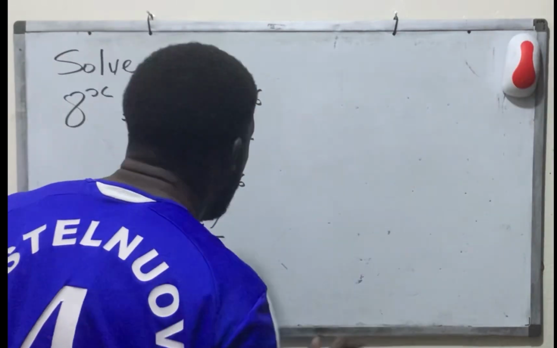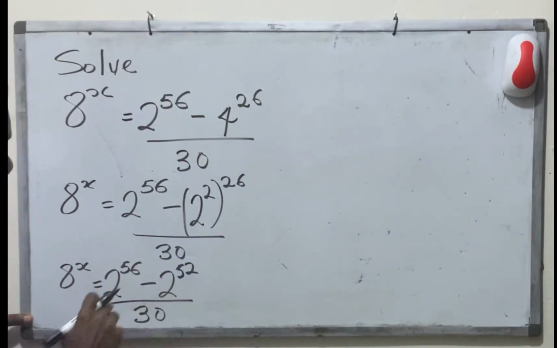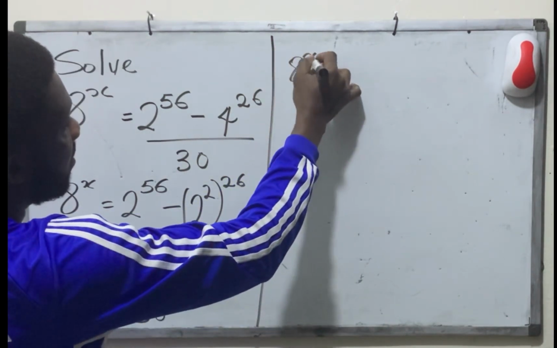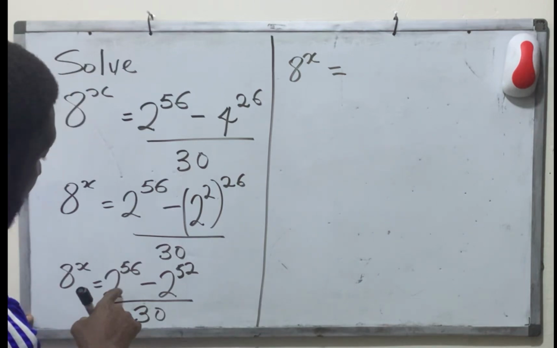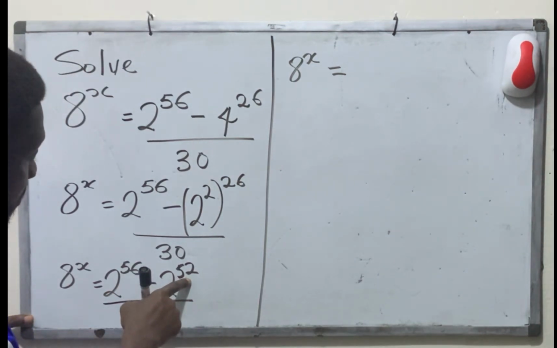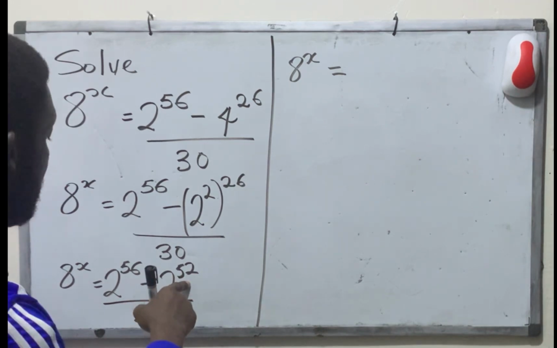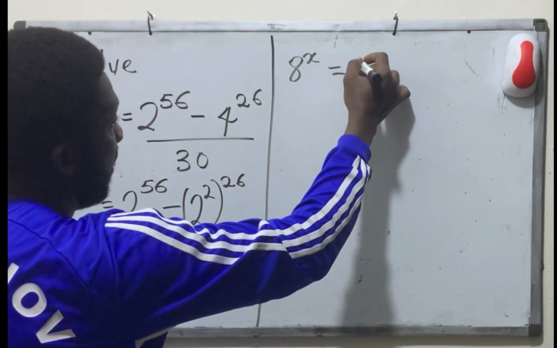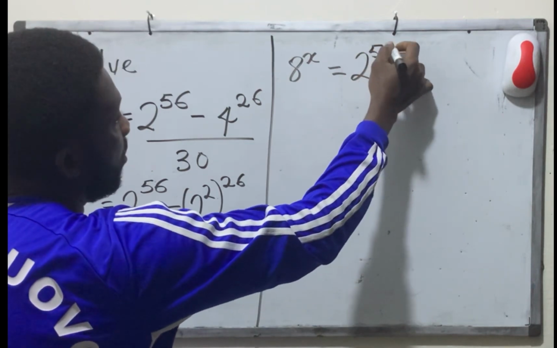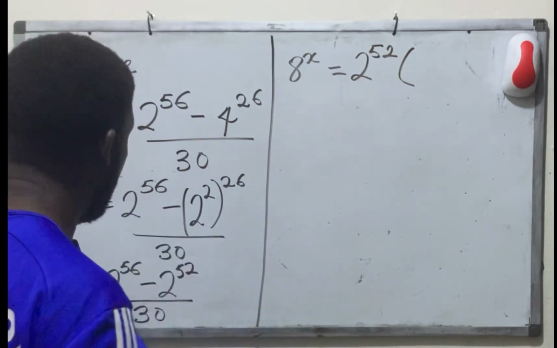They have the same base, so we can factorize. Now we have 8^x is equal to what? This is the smaller power, so we'll take this first. If we're factorizing, then we have 2 raised to the power 52, open the bracket.